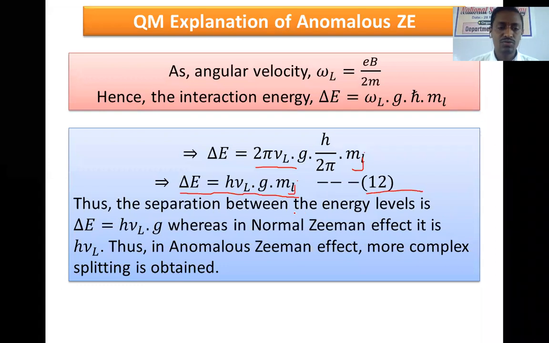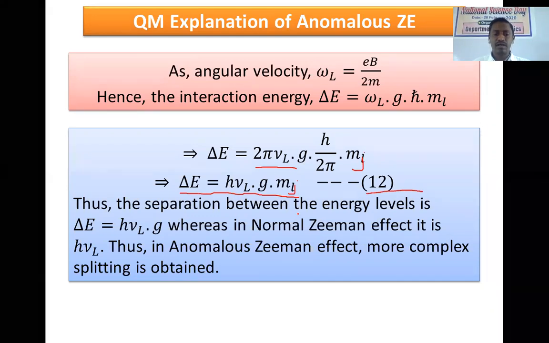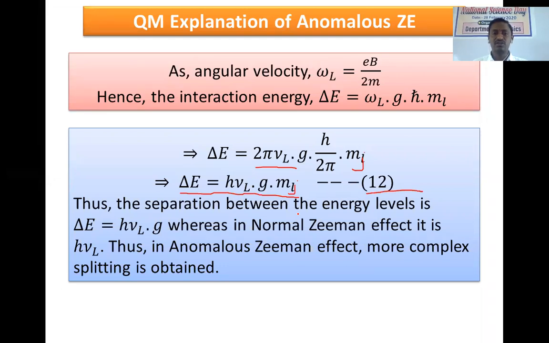Here the interaction energy, or the separation between energy levels, is delta E equal to h nu L into g, because the values of mj range from minus j to plus j including 0. These depend upon the energy levels available for transitions.